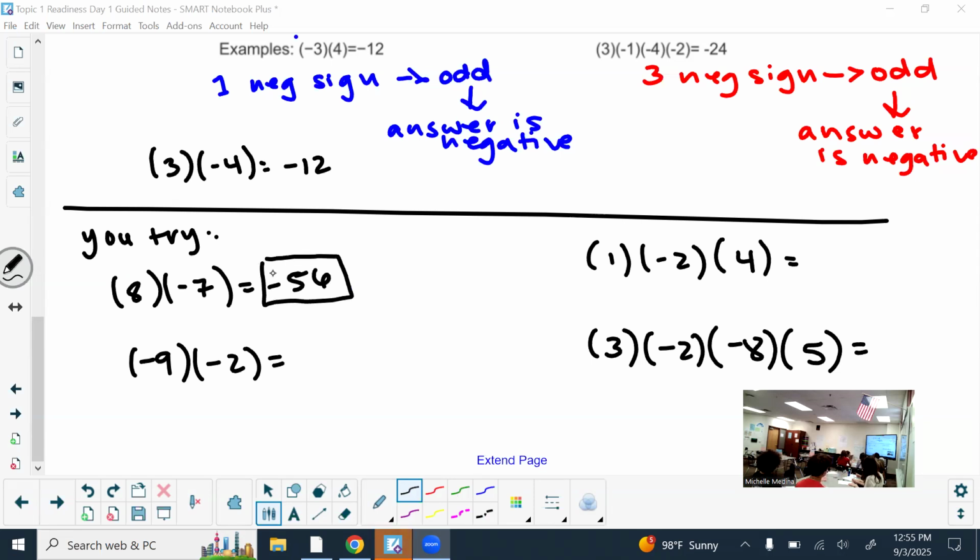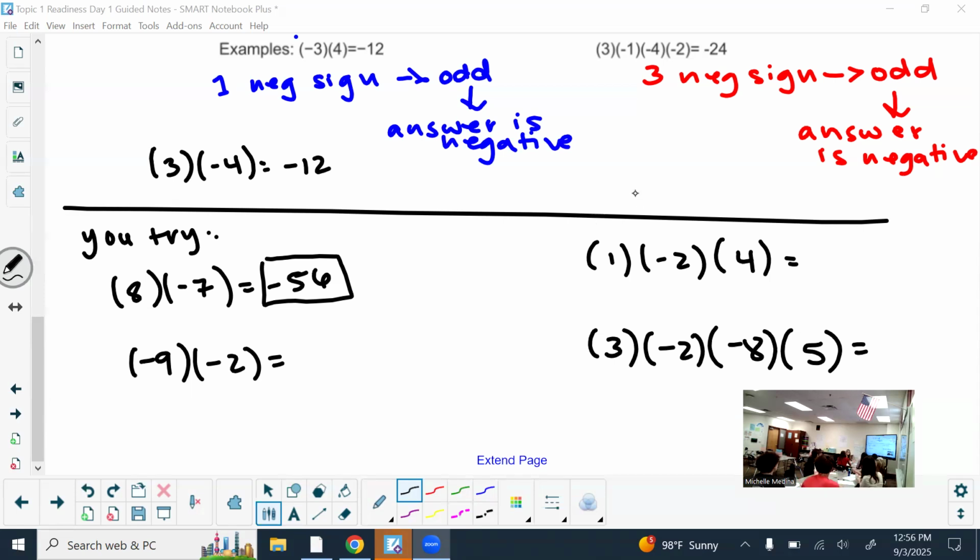At the very least, if he couldn't tell me because he didn't know what 8 times 7 is normally, I would have asked, well, what should the sign be? And based on what we already talked about, there's only one negative sign. That's an odd amount. My answer should definitely be negative. The 8 times 7 you either have memorized or you can type that in your calculator, but that is how you get that with the right sign.